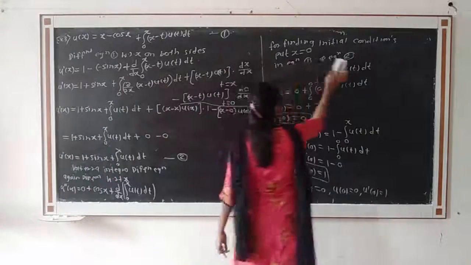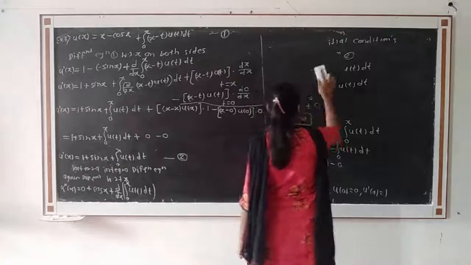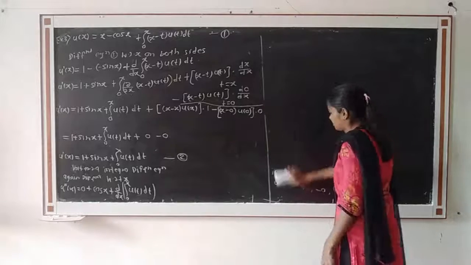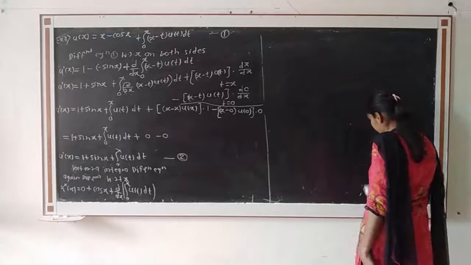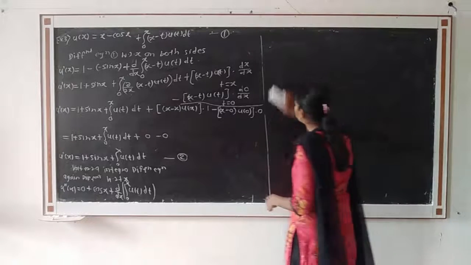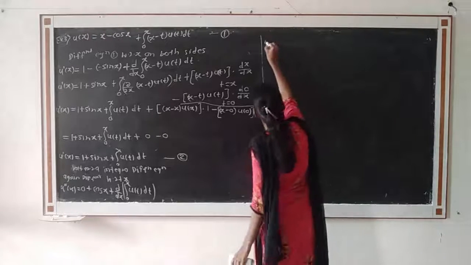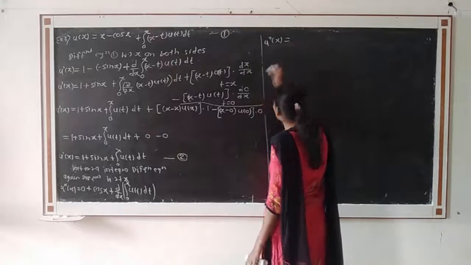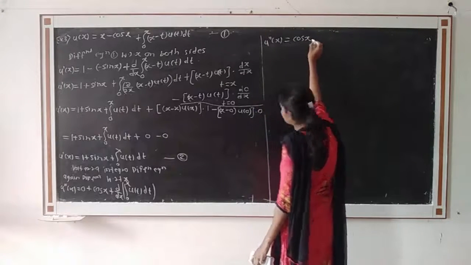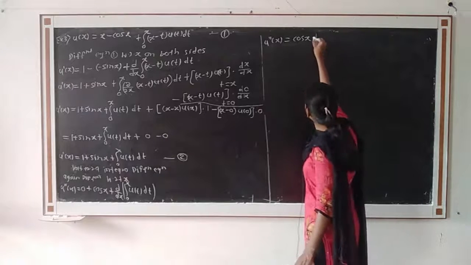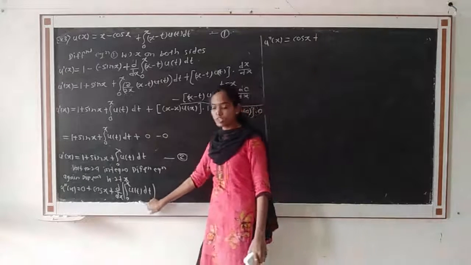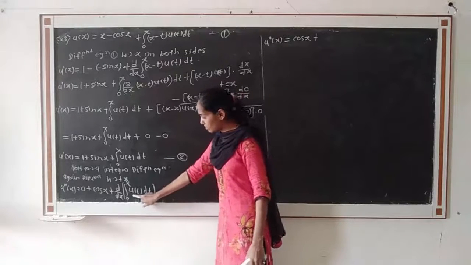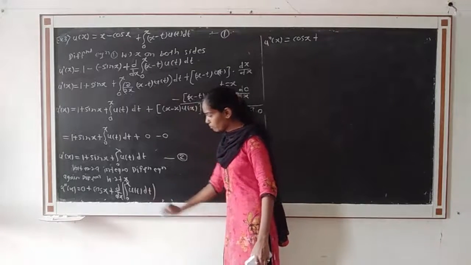Then the next step is u double dash of x is equal to cos of x plus, again here we use the Leibniz rule for differentiating this integral function, where g of x, t is u of t.